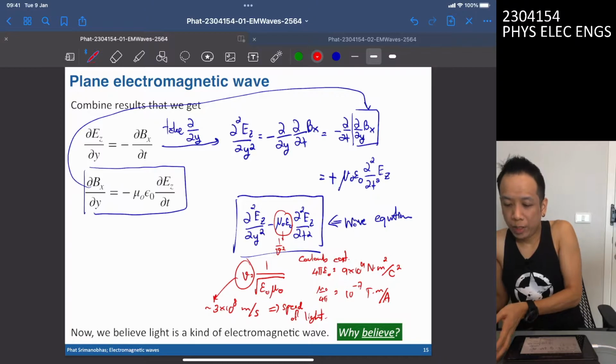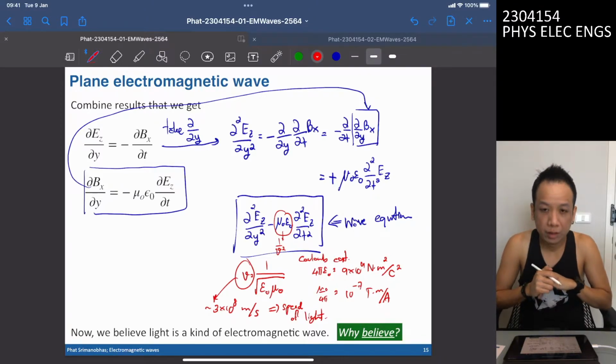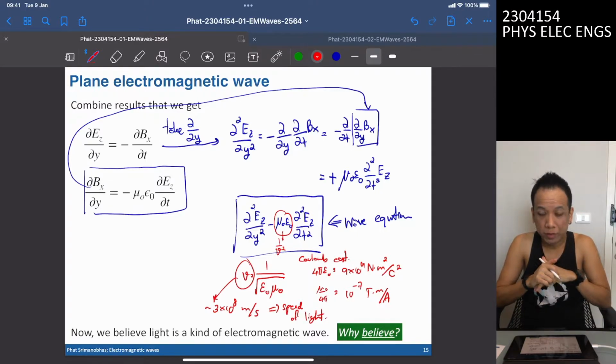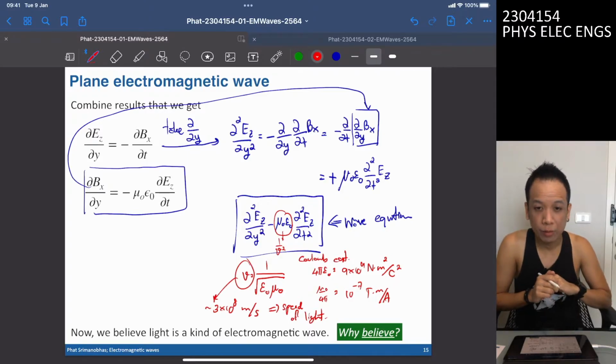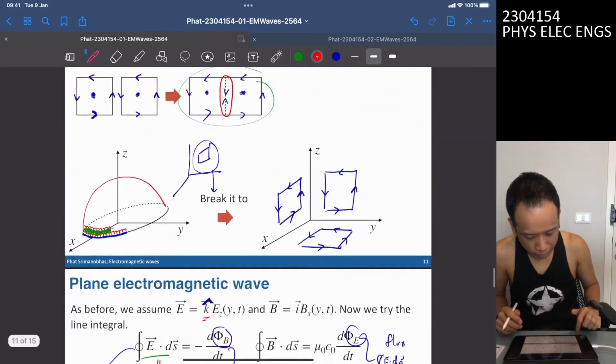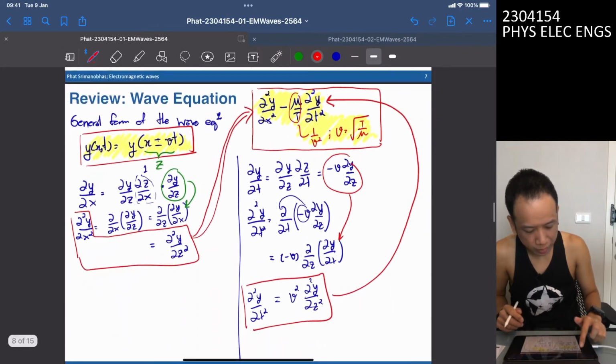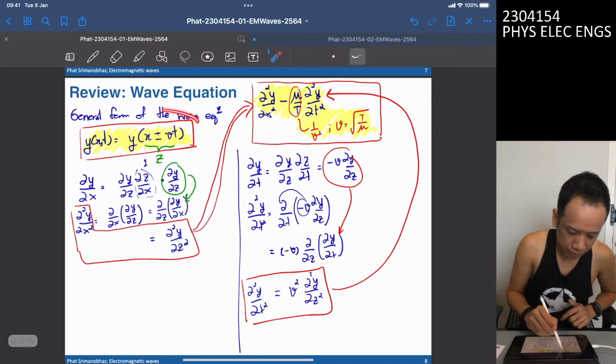Okay, so now we know that E and B are waves. What is the general solution of the wave that we have learned before, right? We already reviewed that. The general solution of the wave, we go back, this one, right?